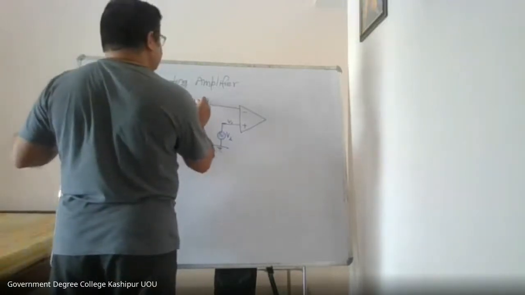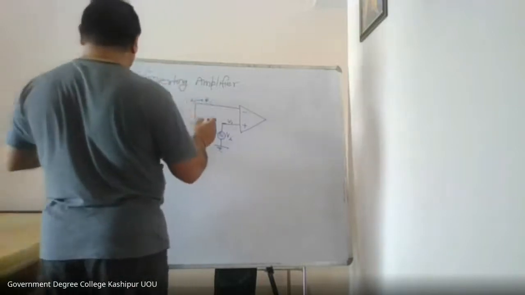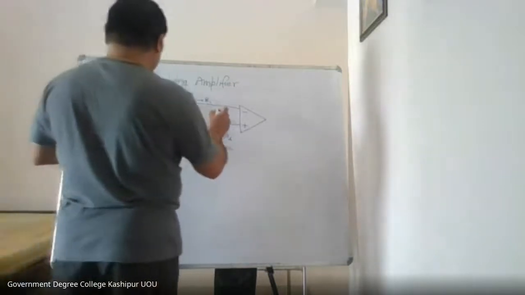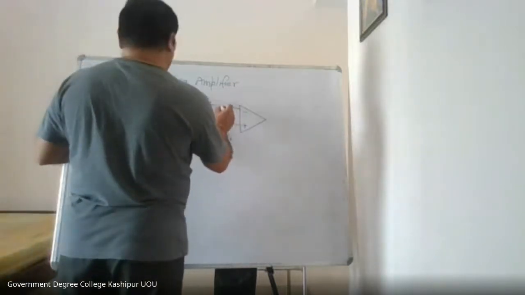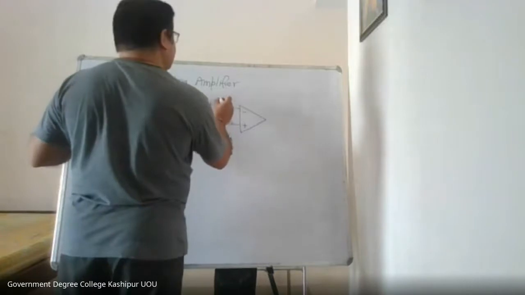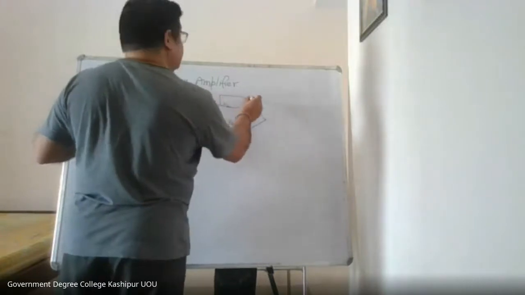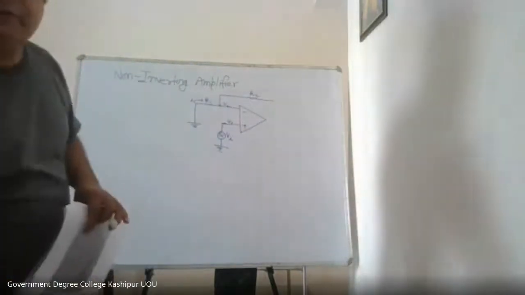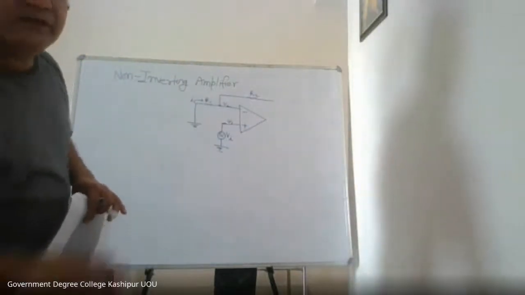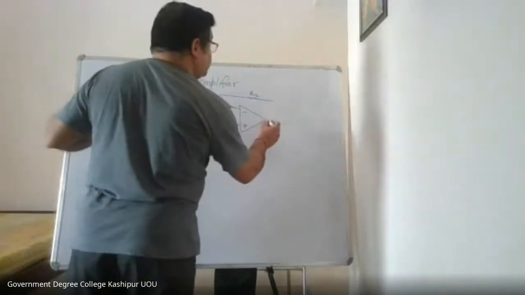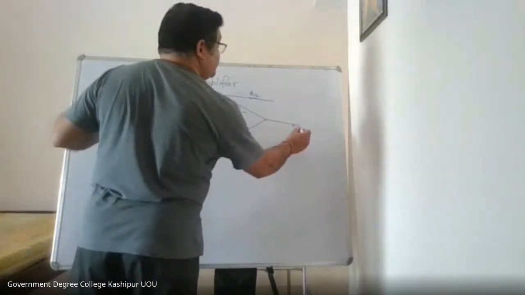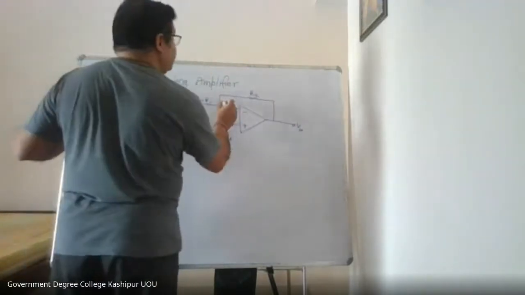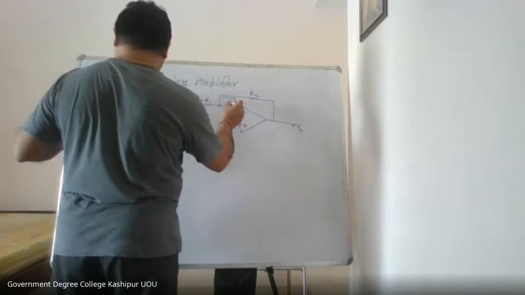Suppose current in this resistance R1 is I1, and here this is V2, this resistance is R2, and this is output. Suppose current in this resistance is I2.